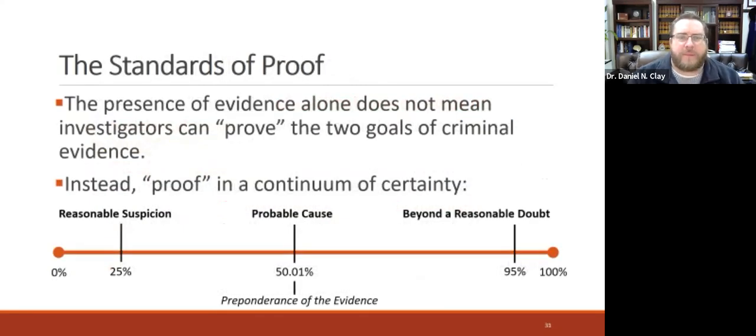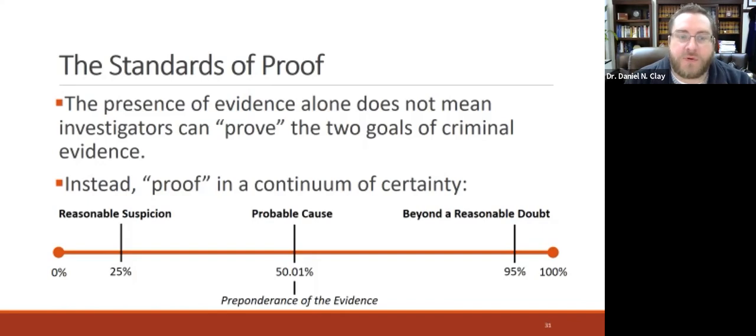So the presence of evidence alone doesn't mean that investigators can prove the two goals of criminal investigation, right? So just because we have evidence doesn't mean we can necessarily prove that a crime occurred and that the defendant is the perpetrator of the crime. Instead, when we think of proof, because proof is kind of like this absolute yes or no, we can never get to a solid yes or no, right?